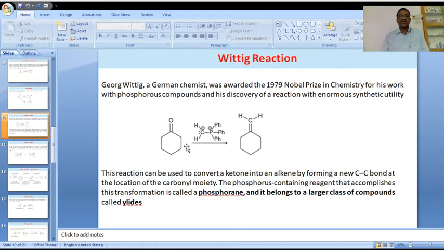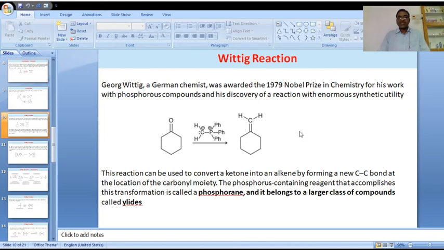Here is an example of the reaction. This reaction can be used to convert a ketone, here a cyclic ketone, into an alkene by forming a new carbon-carbon bond at the location of the carbonyl moiety.